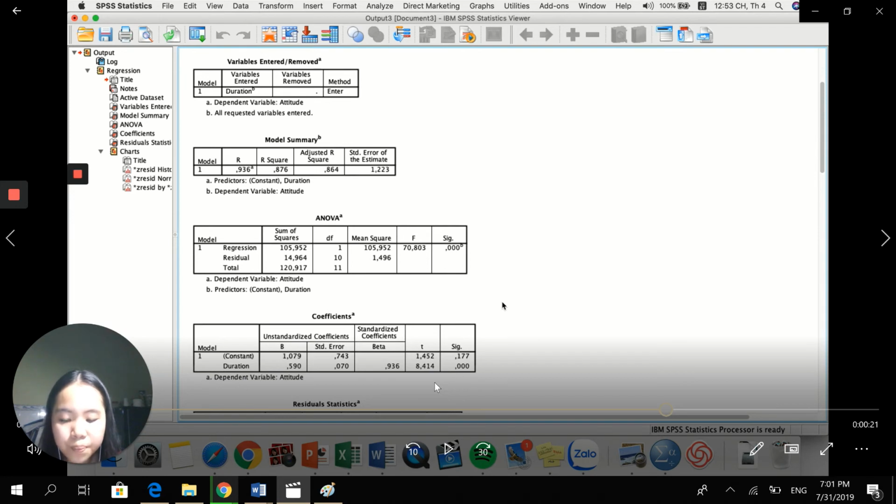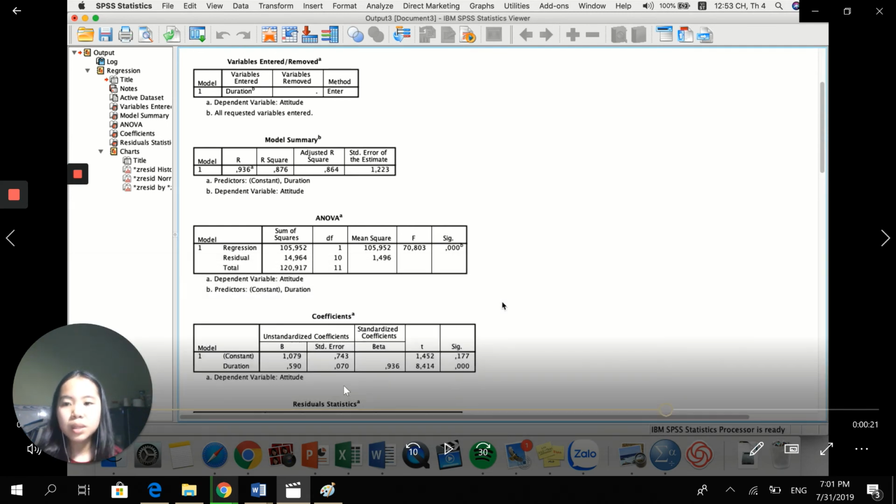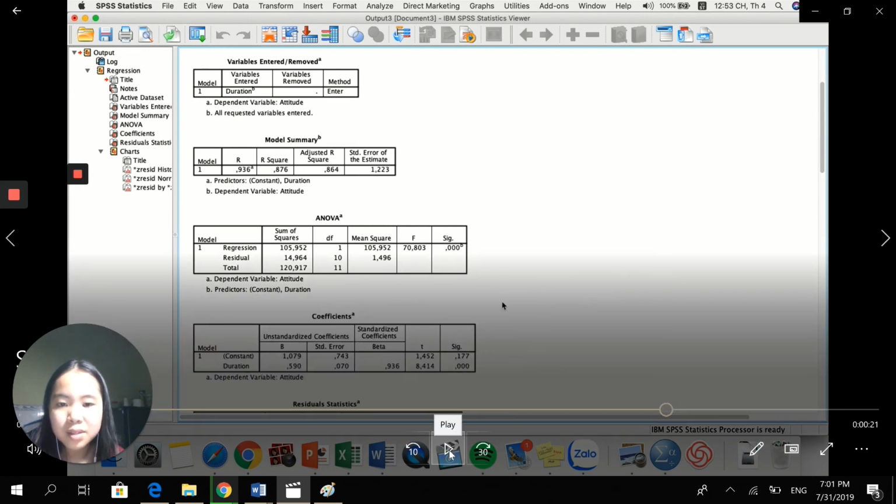Also, the slope that we have mentioned is positive, so the relationship between these two variables is also positive. So we can conclude that people who have lived in the city for a longer time will have a more positive attitude toward the city. And that is the interpretation for this SPSS output.